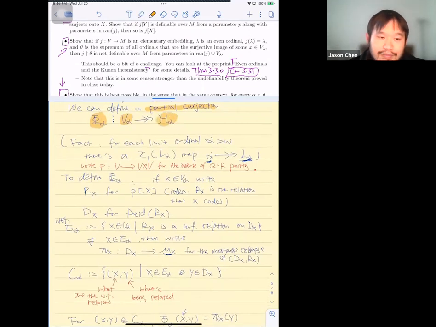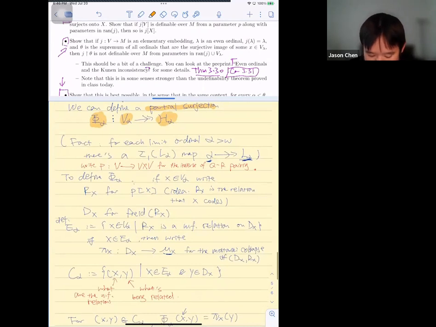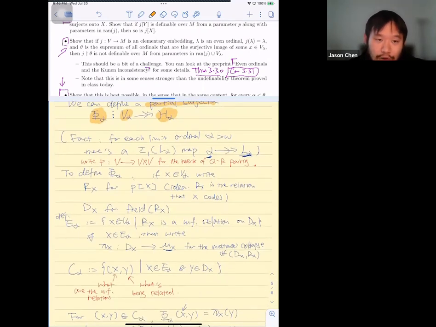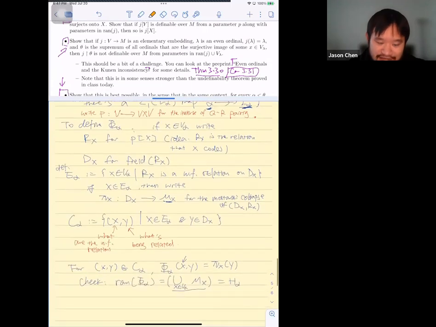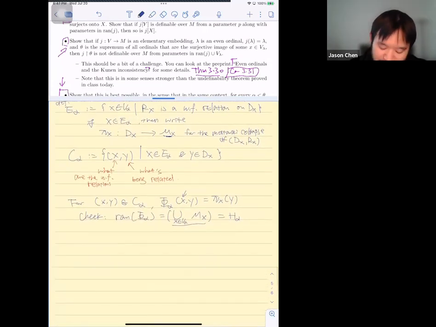H alpha you get by unioning over a bunch of transitive sets. So you just look at the codes for the order types of these transitive sets, and then you map these codes onto whatever transitive set they define, or the elements of these sets.